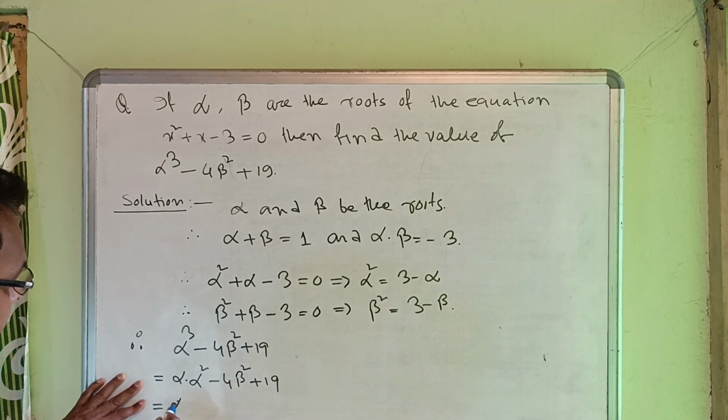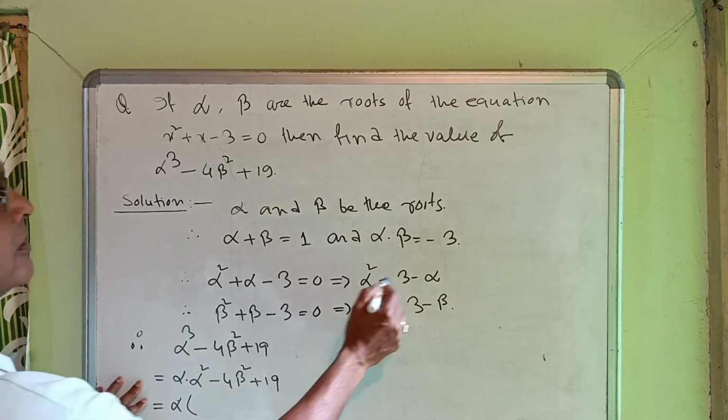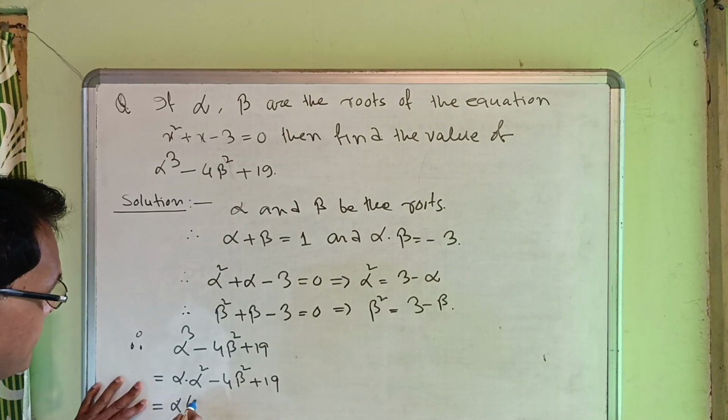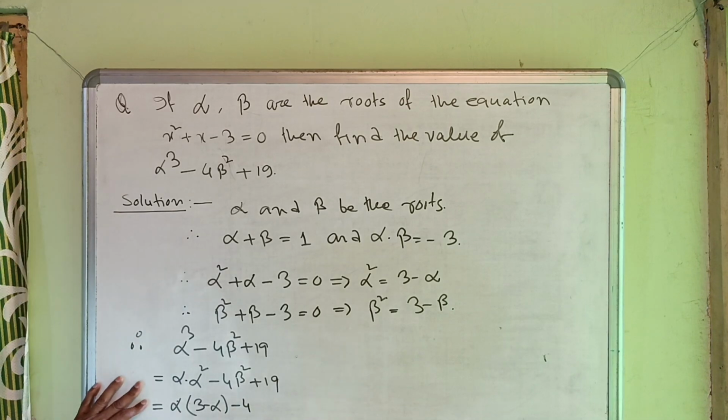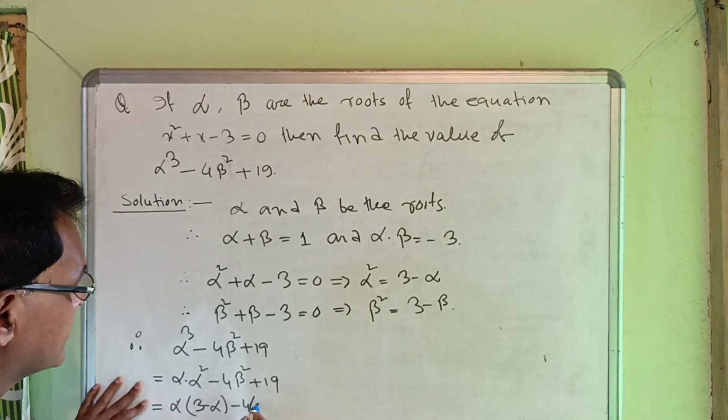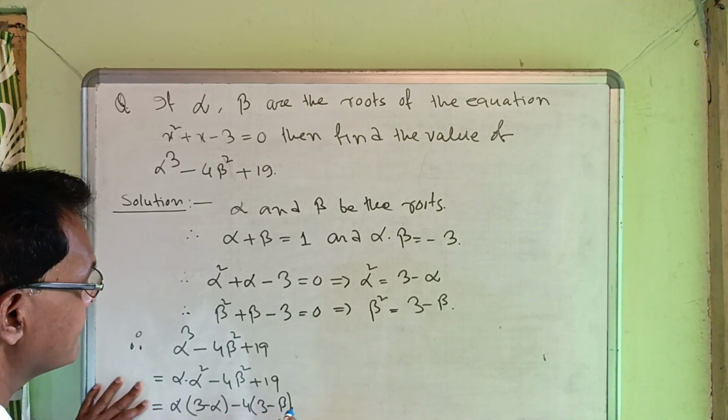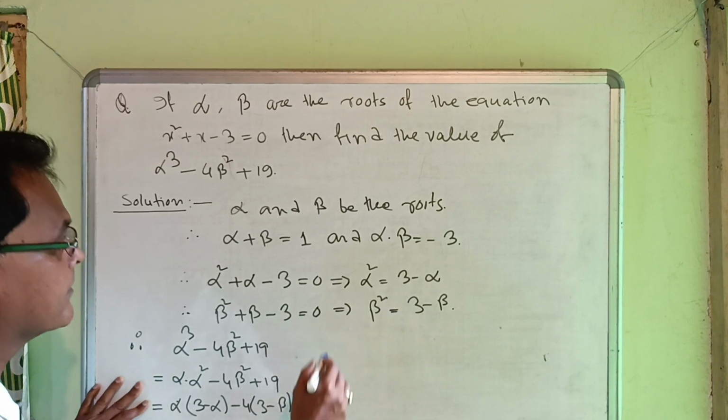Alpha square is equal to 3 minus alpha, so we get alpha into (3 minus alpha) minus 4 into (3 minus beta) plus 19.